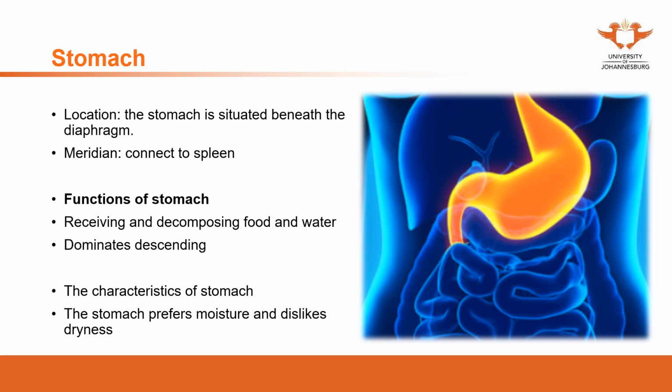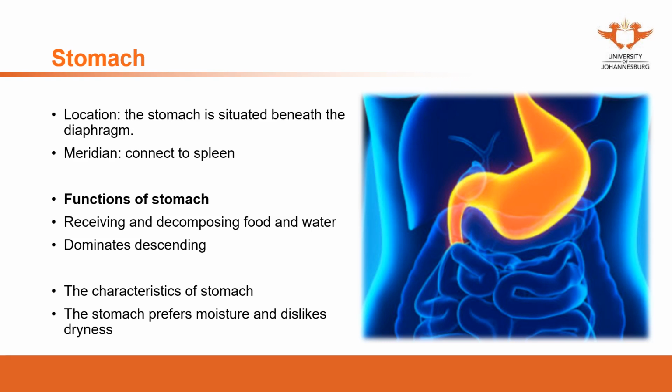There's also one characteristic of the stomach. The stomach prefers moisture and dislikes dryness. When you see this statement, does it ring any bells? When we discussed the spleen, we said that the spleen prefers dryness and dislikes dampness.